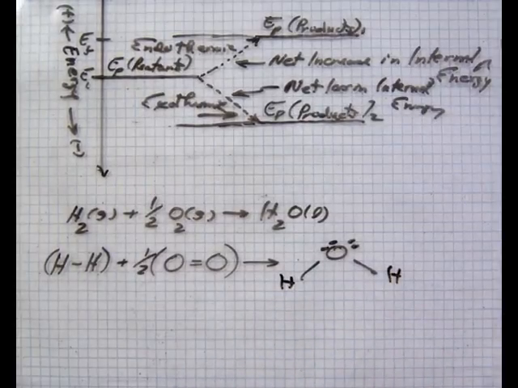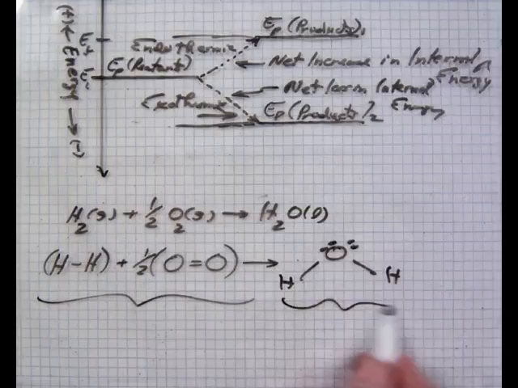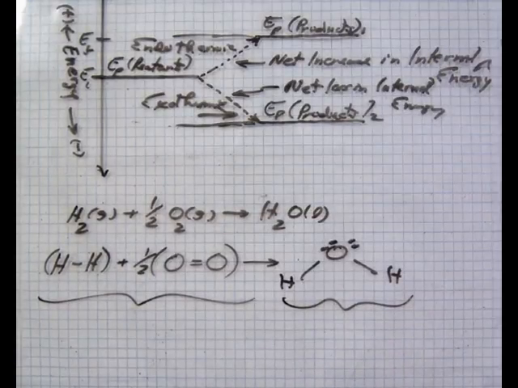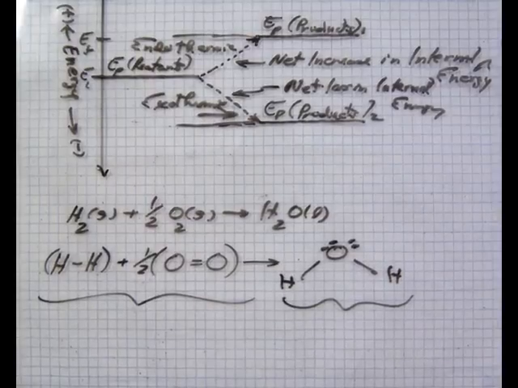It's called a bent angular geometry. Just from the visual imaging, the structure's different. So the reactants have structural differences than the products. This means that the reactants have a different internal energy than the products.